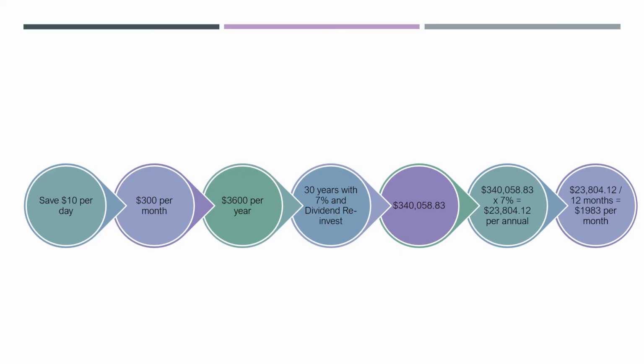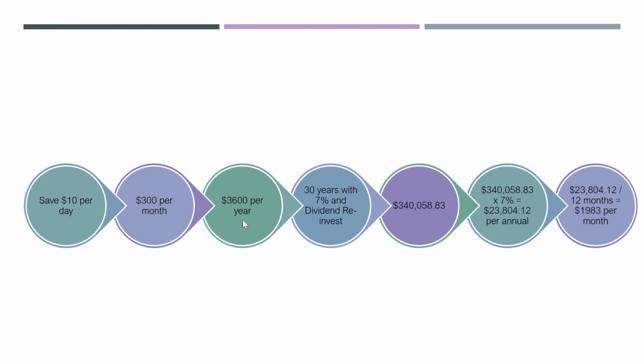Some people will say, what if I don't have $500,000 now? So I break it down with calculations. Imagine you save $10 per day. After that, you have $300 per month, then in 1 year you have $3,600.